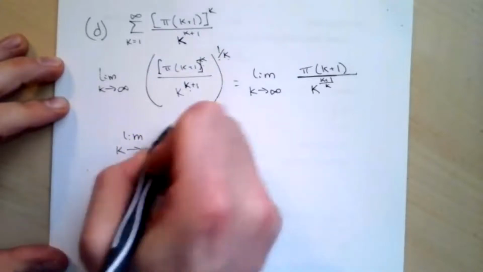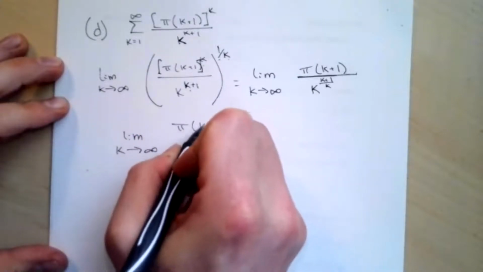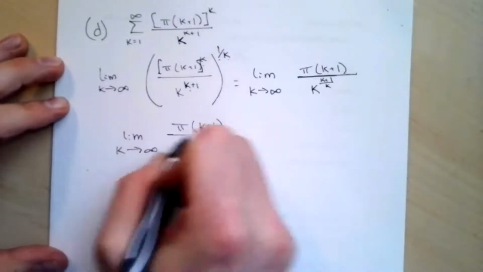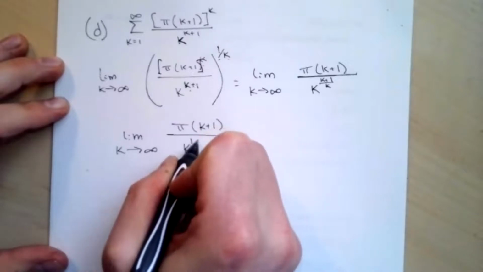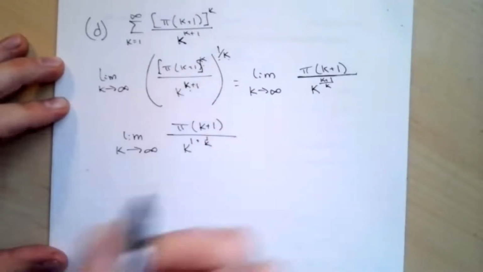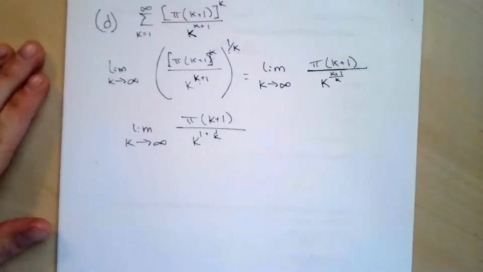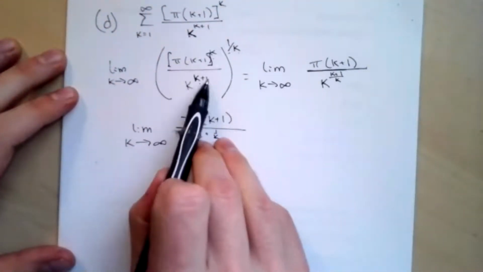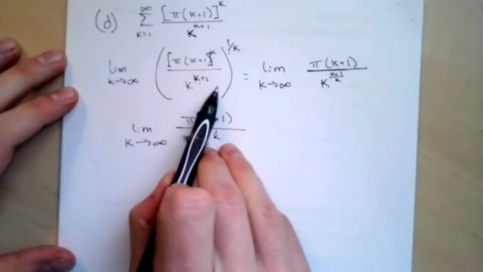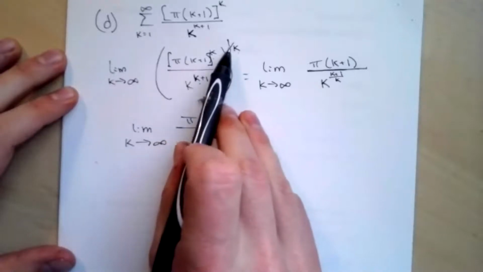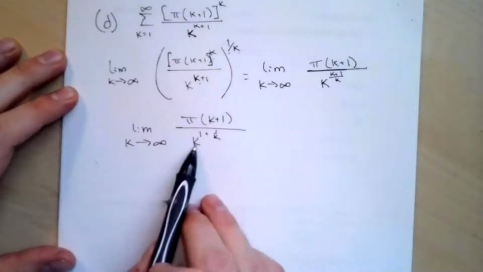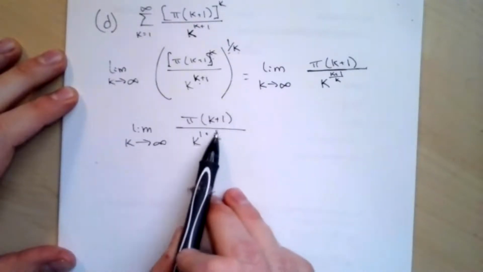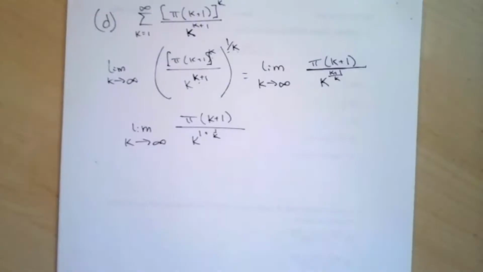It's going to look a little weird because it's going to be k to the 1 plus 1 over k in that exponent. So in some sense, you can kind of think of it as factoring out that one power of k. K to the k raised to the 1 over k is just k, that k to the 1. Then we also have this k to the 1 over k term.